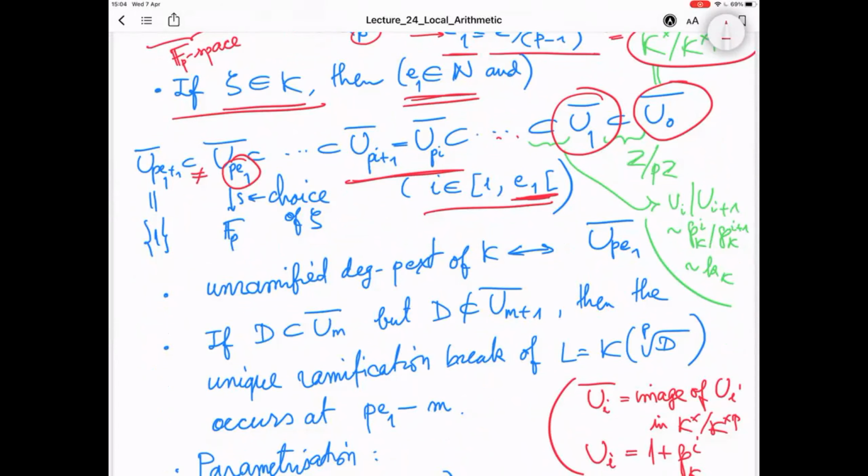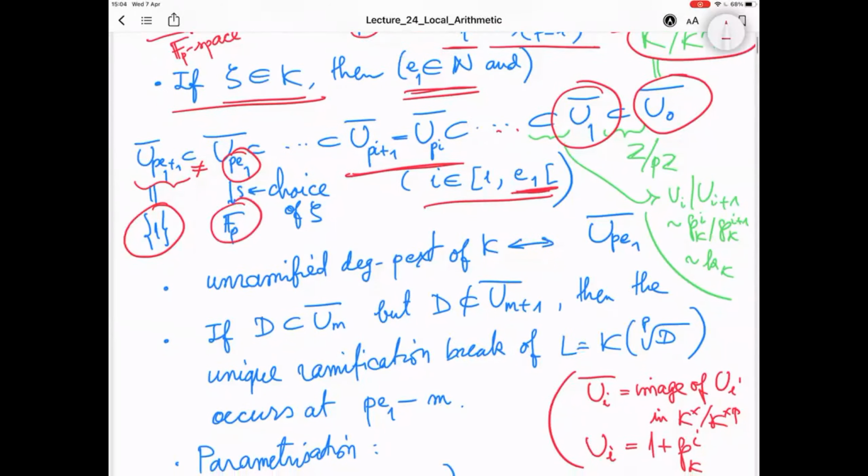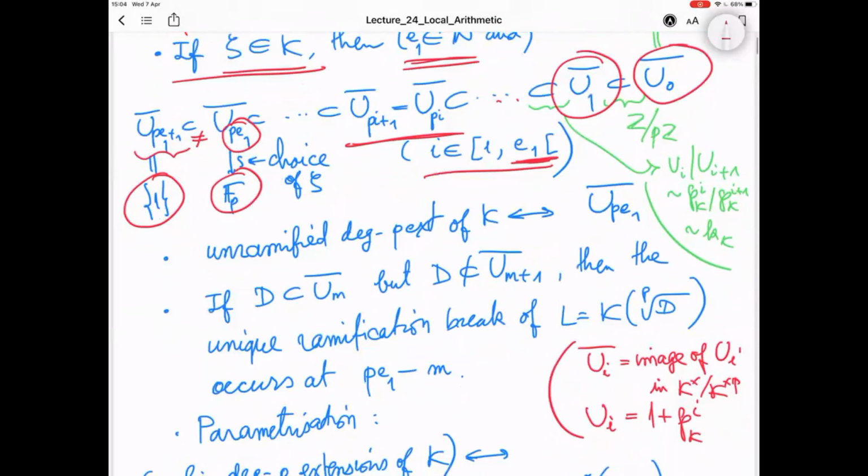I have an inclusion, and this group is trivial, whereas this U_{pe1} bar is of dimension 1. And in fact, it can be made isomorphic to F_p if I choose zeta. Zeta is a primitive pth root of unity. There are many of them. If you make a choice, then you get an isomorphism.